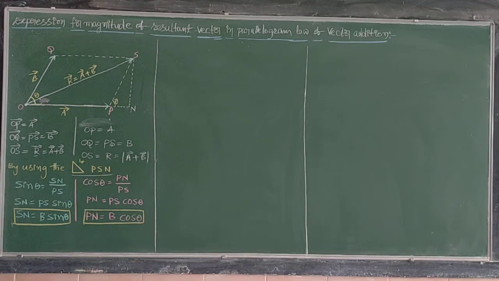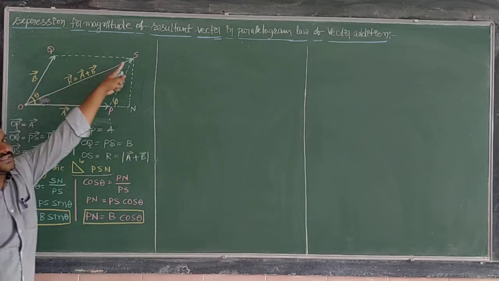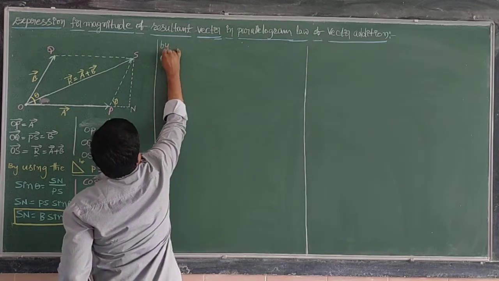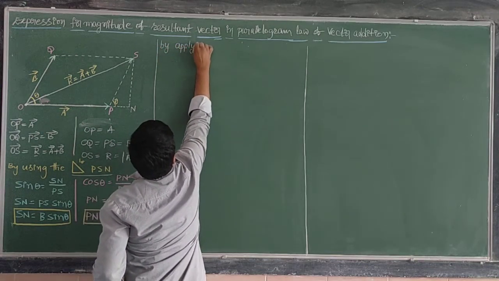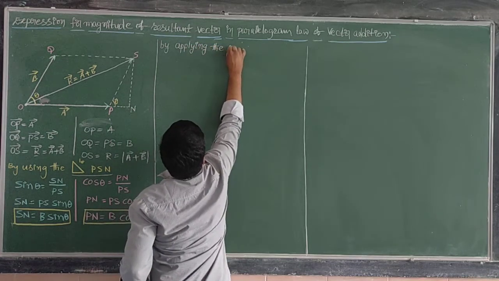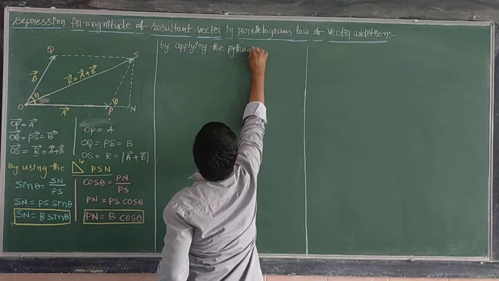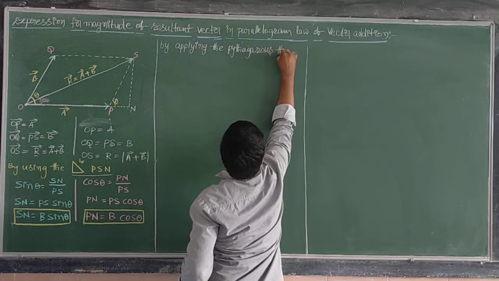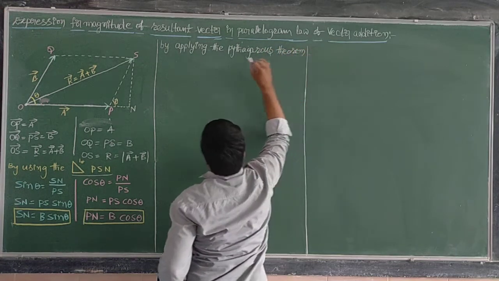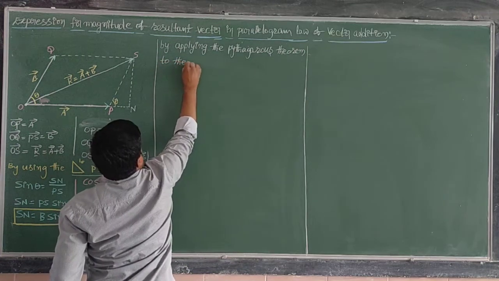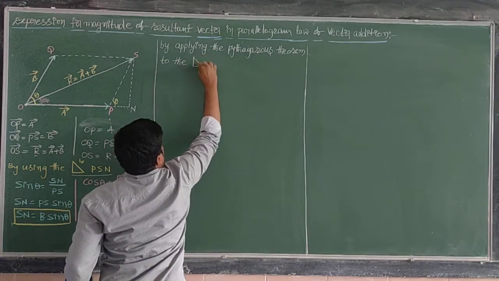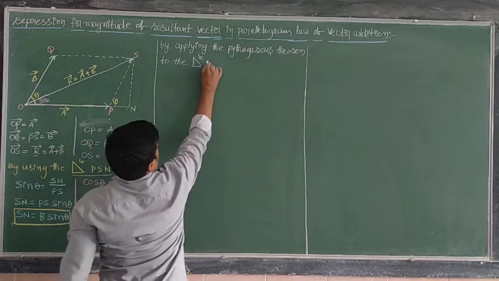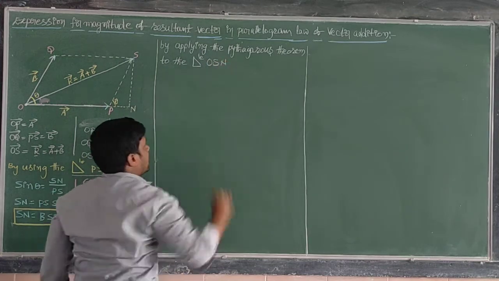Next, by taking the other right angle triangle, OSN, by applying the Pythagoras theorem to the right angle triangle OSN.